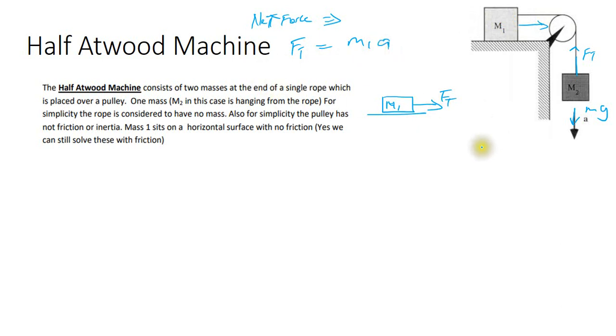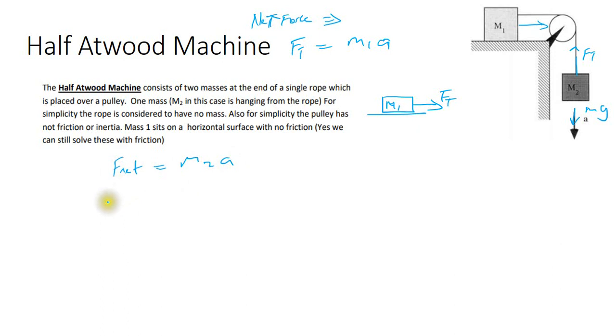Now, as the object reaches the pulley, you realize that M2 is pulling the object down. In that event, Mg is obviously the greater force. So when I'm finding the net force, F net is equal to mass 2 times its acceleration.